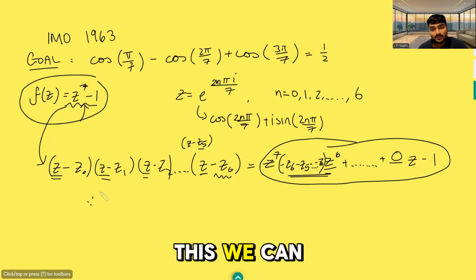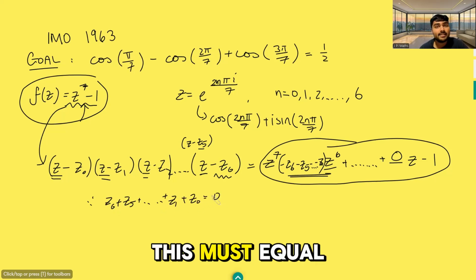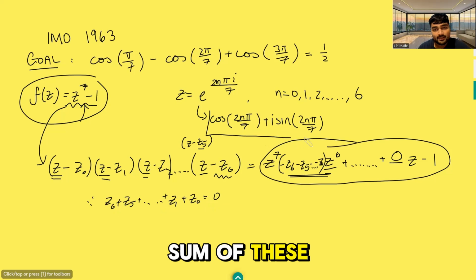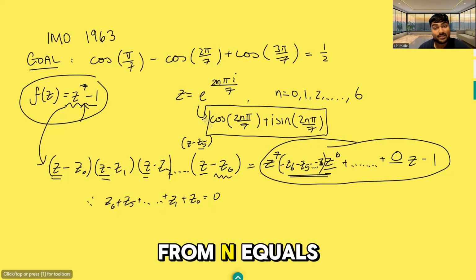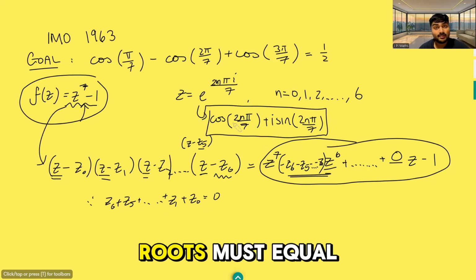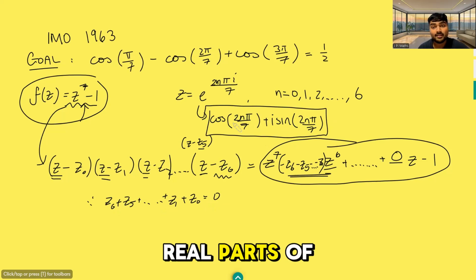And so from this, we can conclude that z6 plus z5 and so on, all the way down to z1 plus z0, must equal 0. And now we're going somewhere. The sum of all these roots, from n equals 0 to 6, must equal 0.